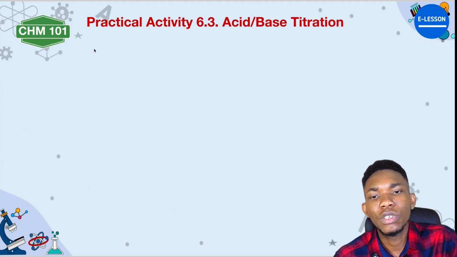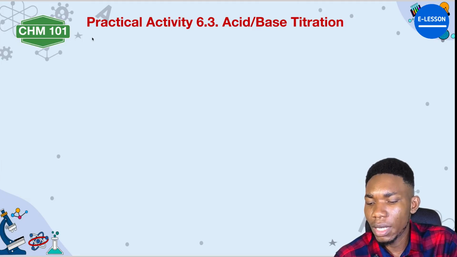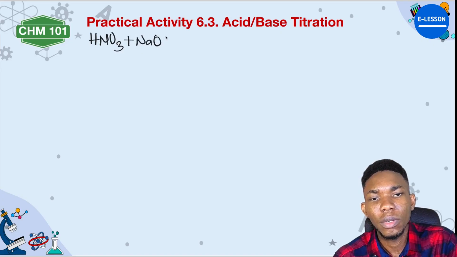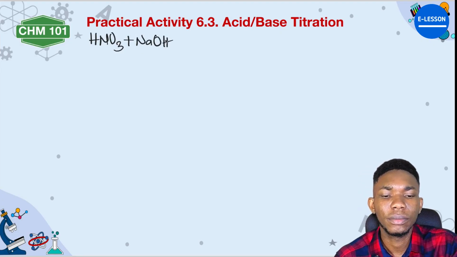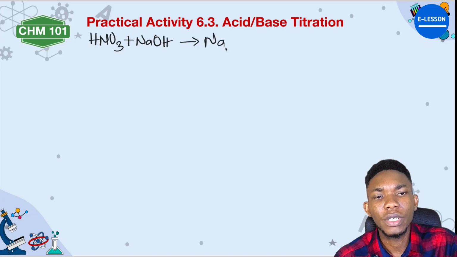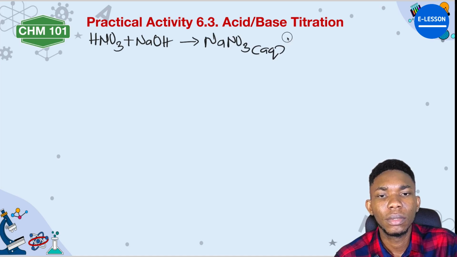Now the next one is the concentration of A in mole per dm cube. The balanced equation for this is sodium hydroxide and HNO3. So let us balance the equation. You have HNO3 plus sodium hydroxide, which will give us sodium nitrate aqueous plus water.